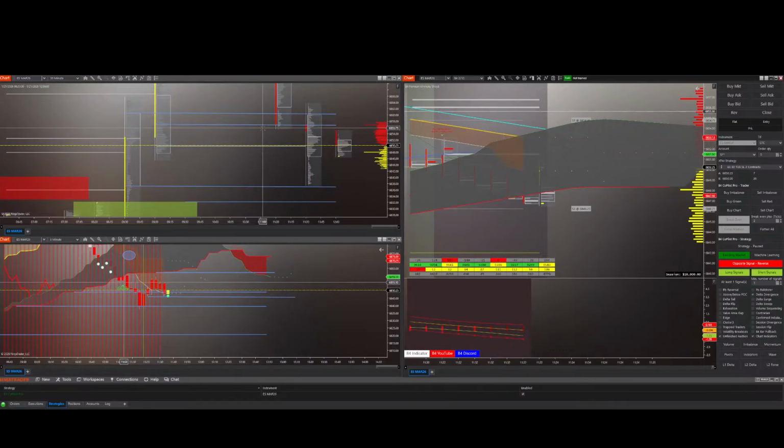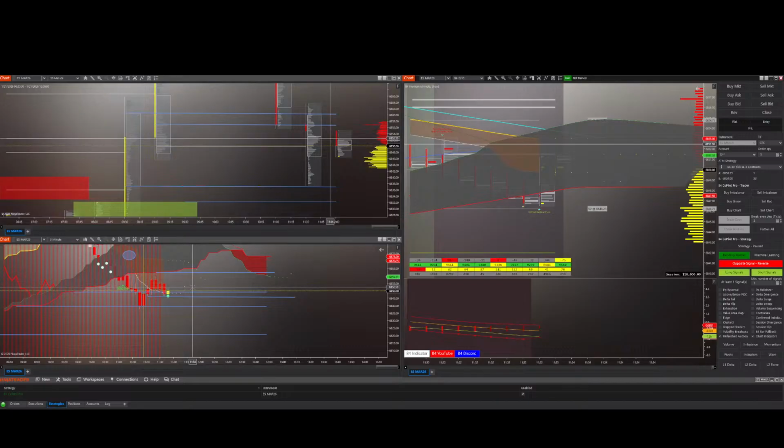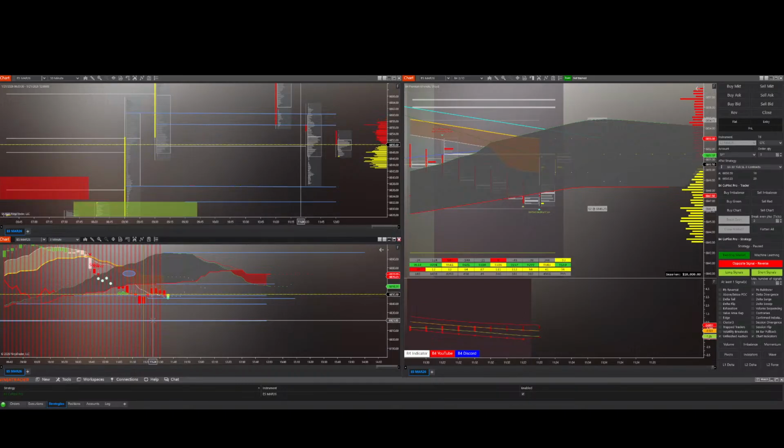We have our footprint here on a 30-minute chart, acting as a volume profile, using it for profiling. And we have our Ichimoku Show You, which is in development, that I have here. Just going around like clockwork here, using each of these elements to gauge price and manage risk.